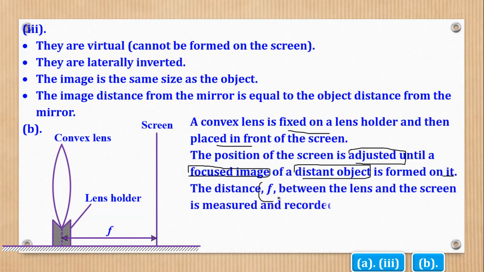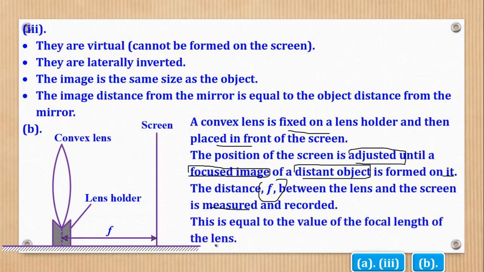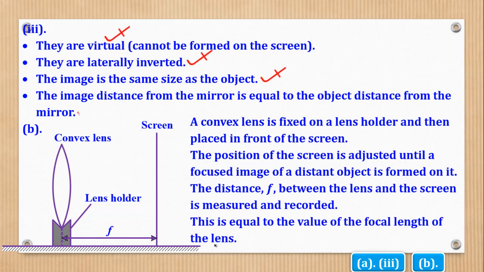The distance small f between the lens and the screen is measured and recorded. And this is equal to the value of the focal length of the lens, as simple as that. So that is what they wanted.